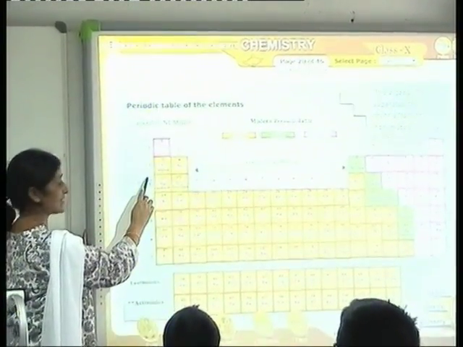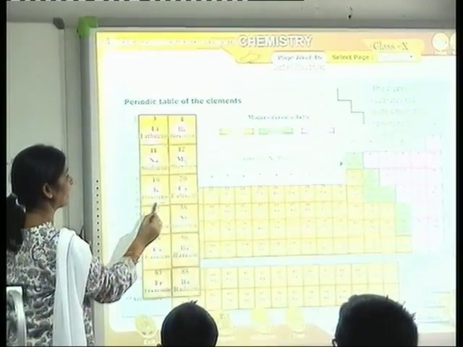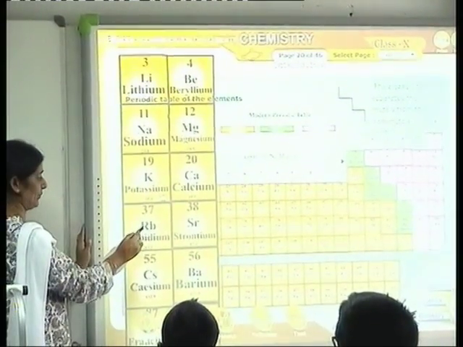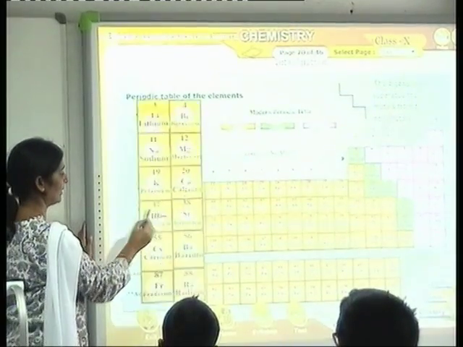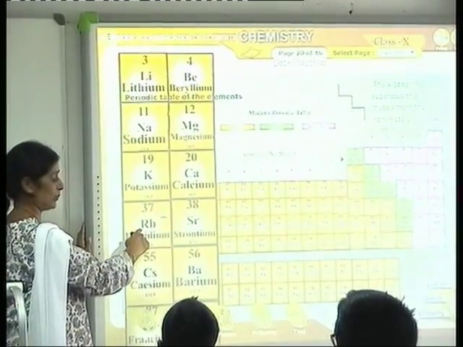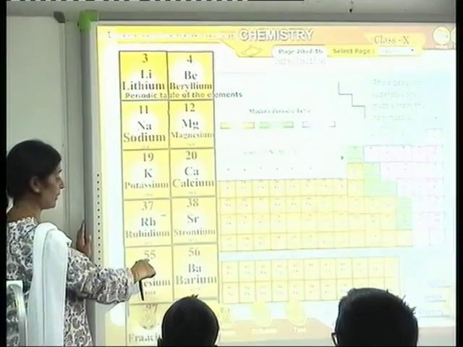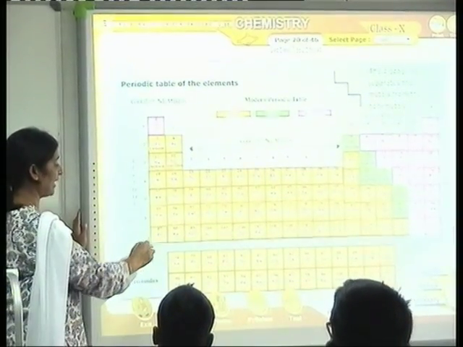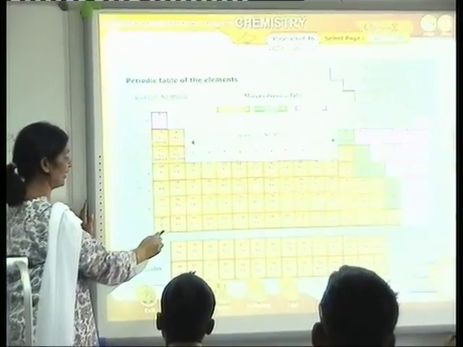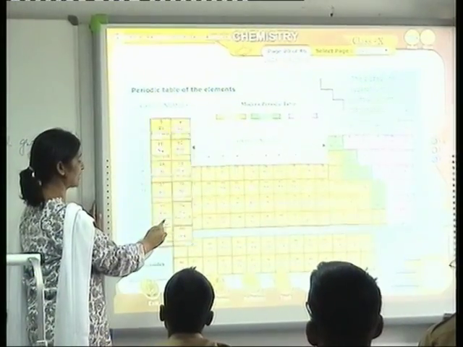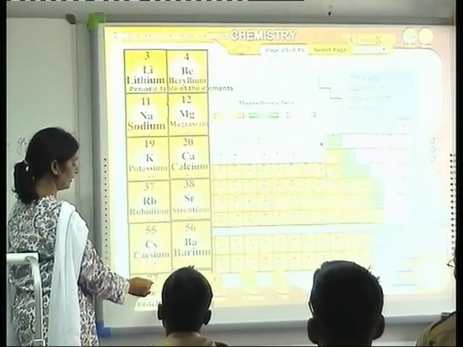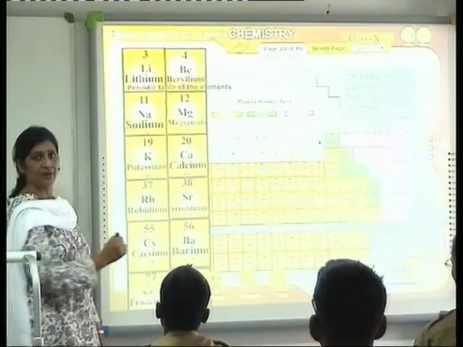Potassium, atomic number 19, symbol K. Rubidium, atomic number 37, symbol Rb. Cesium, atomic number 55, symbol Cs. Francium, atomic number 87, symbol Fr.